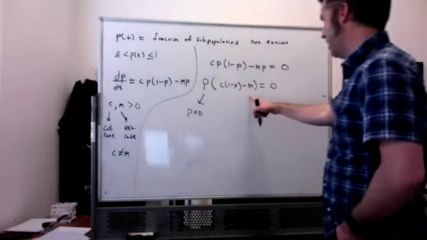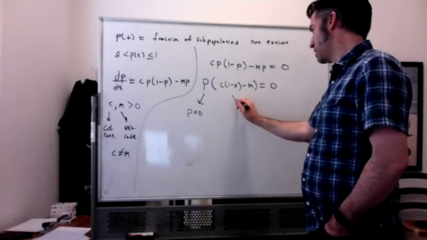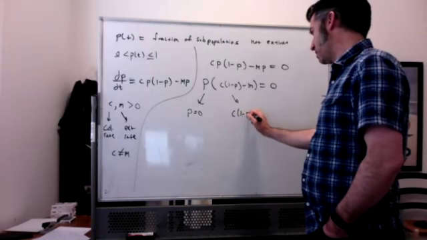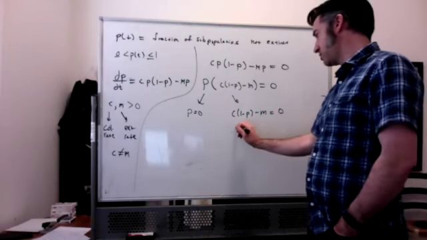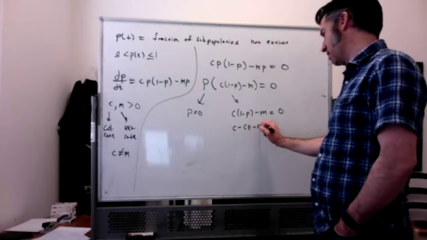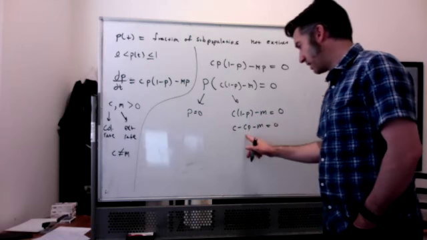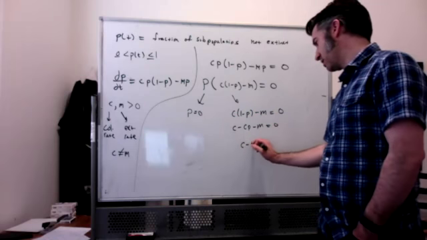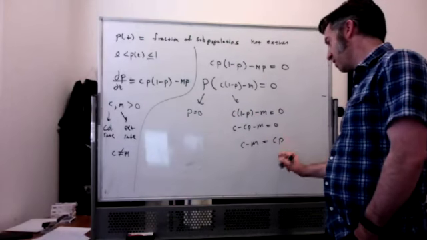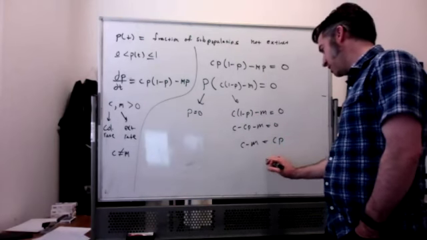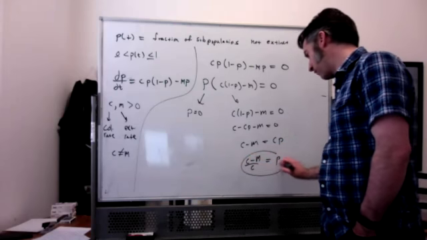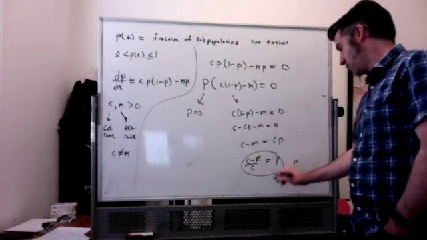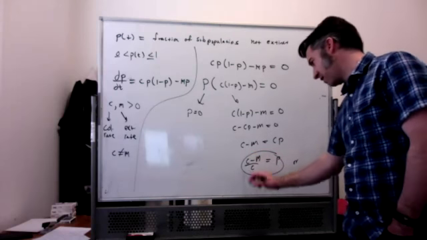And then we also have this: C times 1 minus P minus M equals 0. Let's multiply the C through, so C minus CP minus M equals 0. Let's add CP over here, so C minus M equals CP. Divide both sides by C. So P equals (C minus M) over C, or if you prefer, P equals 1 minus M over C, since C divided by C is 1.